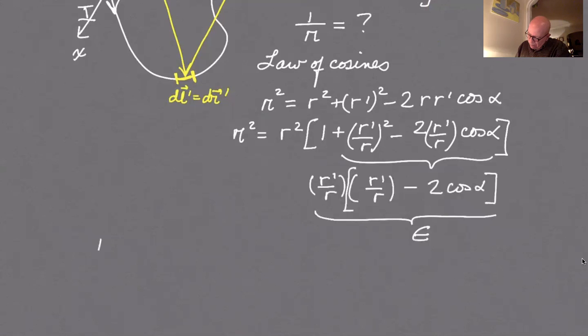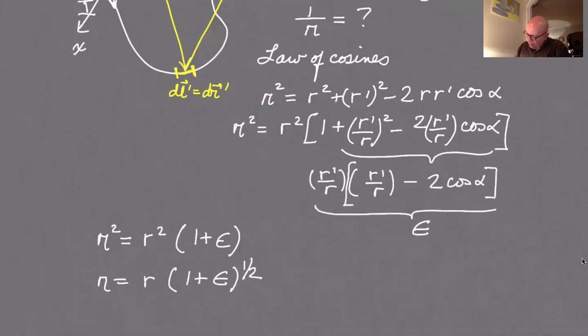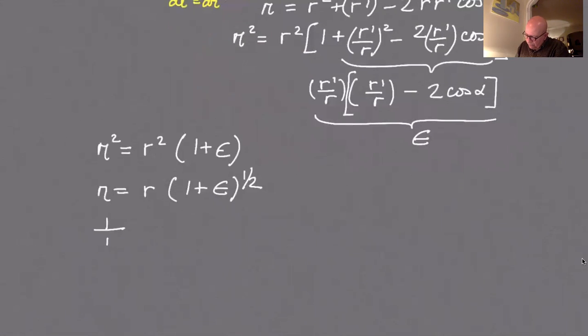So then script r squared is going to be r squared times 1 plus epsilon. Script r then is going to be r times 1 plus epsilon to the 1/2 power. 1 over script r then is going to be 1 over r times 1 plus epsilon to the negative 1/2.